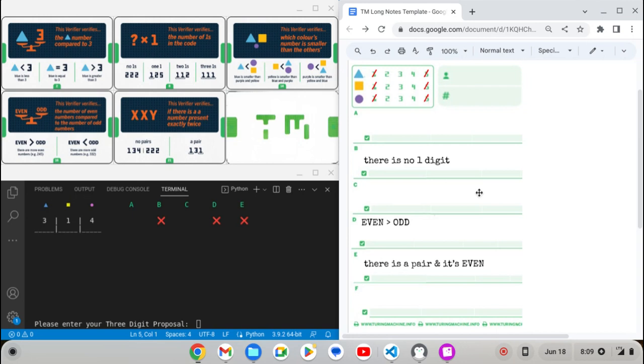So let's see, could 2 be the absolute smallest? Yeah, 2 could be the smallest, and then we have a pair of 4s. That's possible. And I believe that would be the only scenario where if 2 is the smallest, then it'd be a pair of 4s. If 3 is the smallest, then we also know there's a pair of 4s. Okay, well, wow, very interesting.